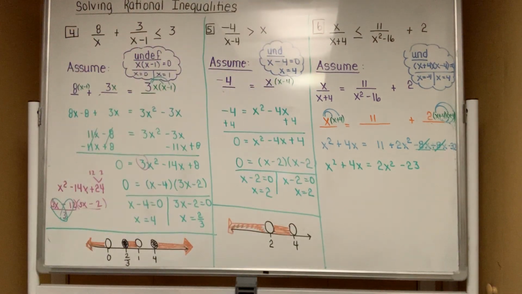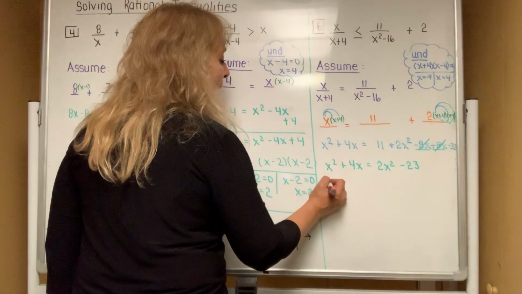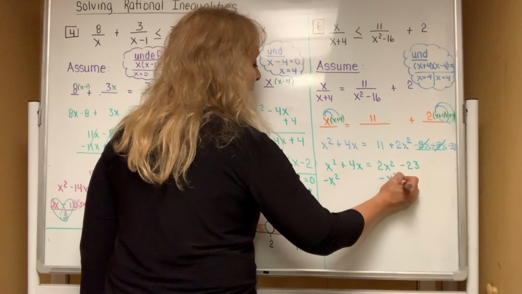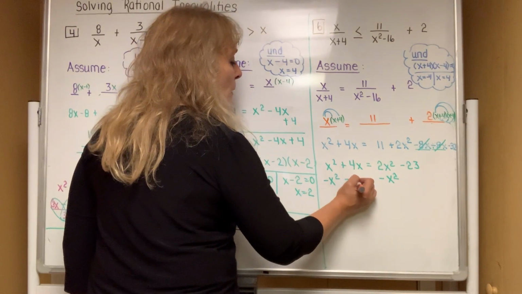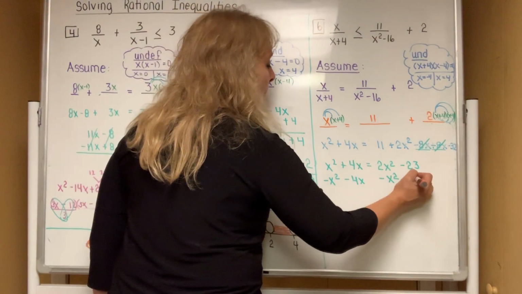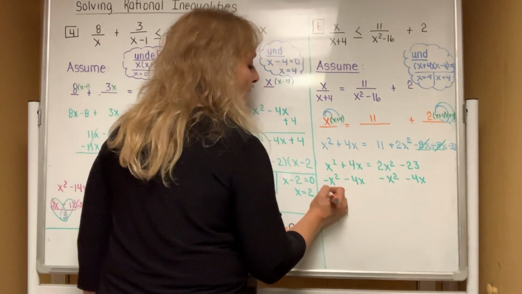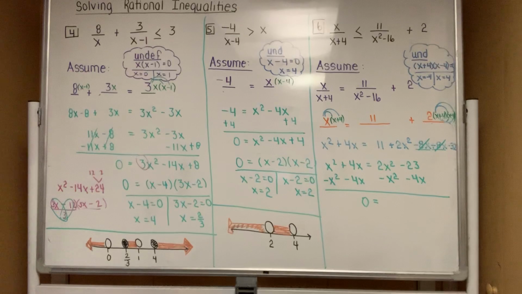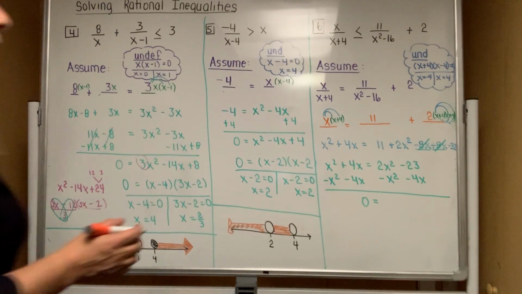Now this is a quadratic. And if you subtract x squared from both sides, it will not cancel out the x squared. So I'm also going to move the 4x over by subtracting it from both sides also. Because all quadratics will be solved only when it says equals 0 on one of the sides.